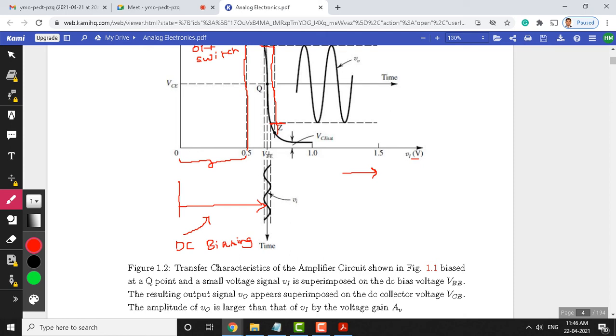Though it is shown vertically downwards, this is our time axis. If you look at this graph, this is not small vbe, it is the total base emitter voltage. This sinusoidal signal is plotted with reference to the time axis, applied as an input here.